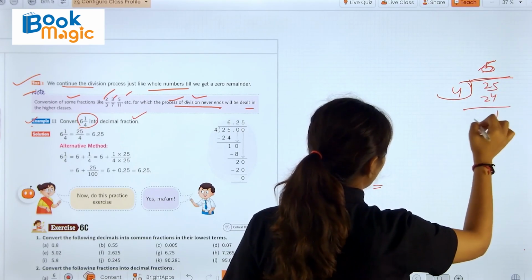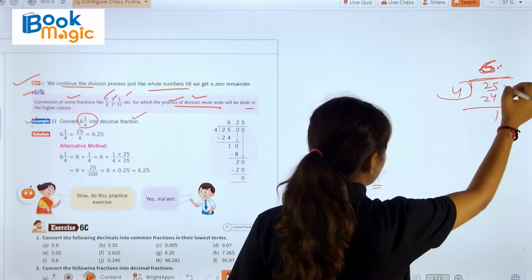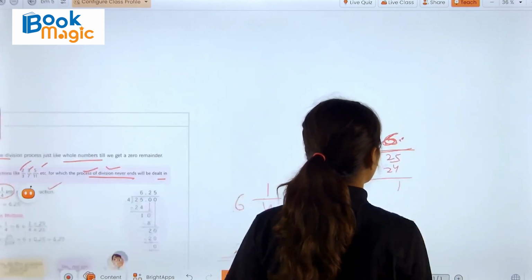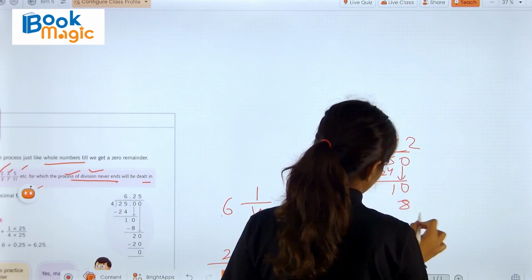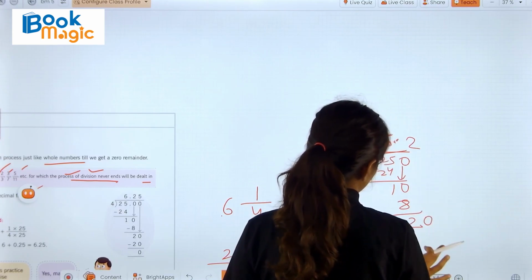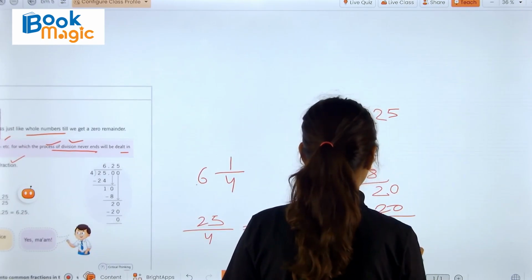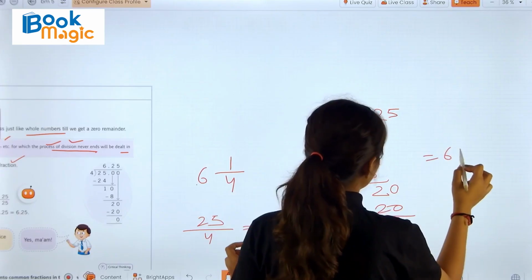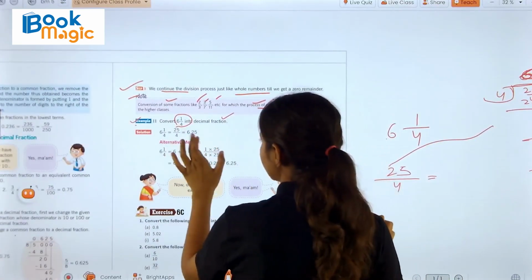We are getting 1 as the remainder. Now putting a decimal, 4 2s are 8, now we add a 0, 4 5s are 20. What are we getting here? 6.25, and we can see the solution as well. Here we are getting 6.25.